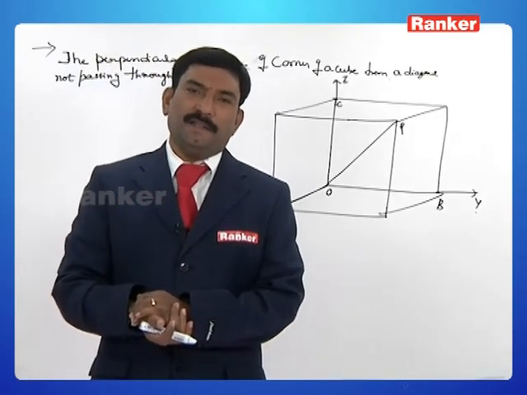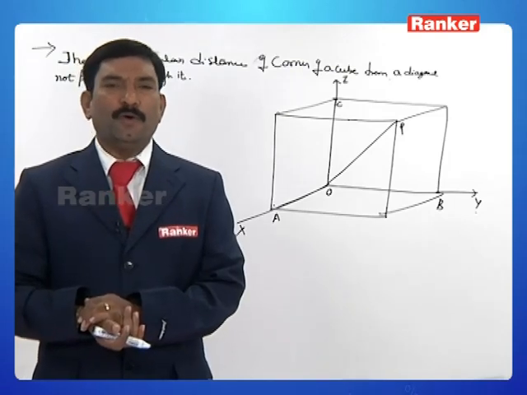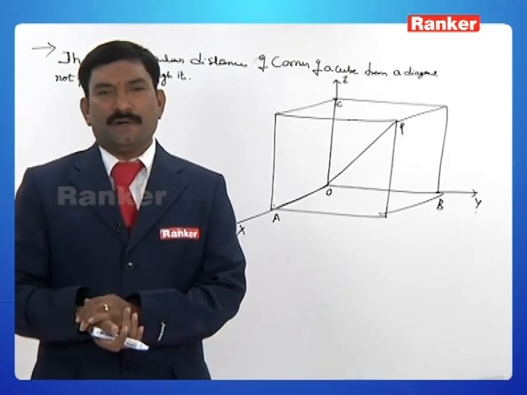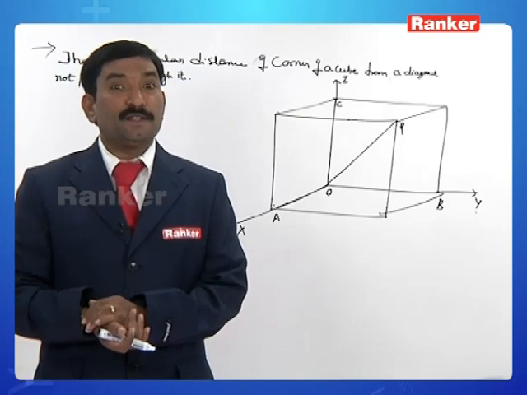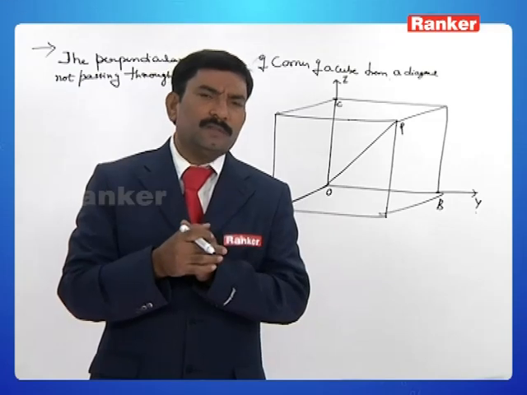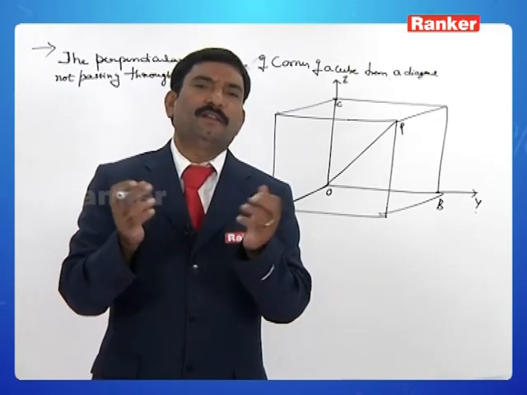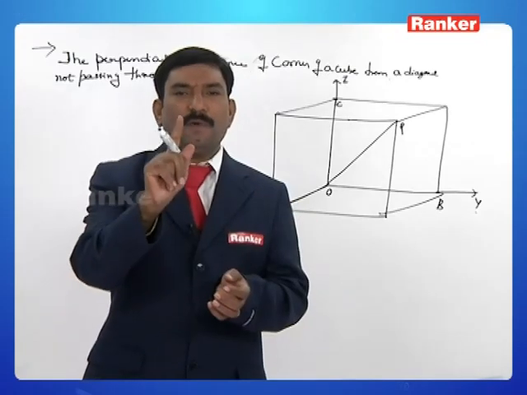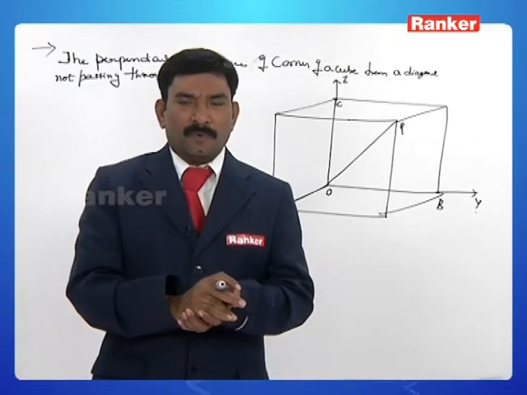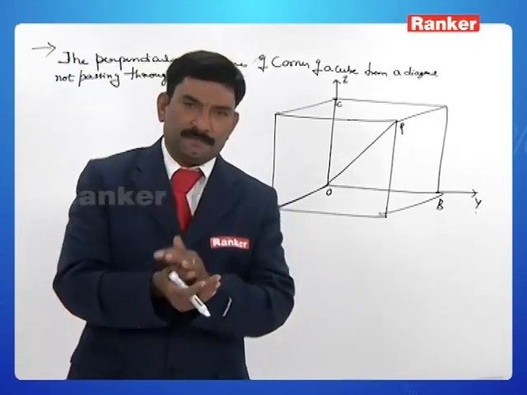On the axes, OA bar, OB bar, OC bar are the edges of a unit cube. What is a unit cube? The length of the edge, or length of the side, is 1 unit. It is left to the student's perception.